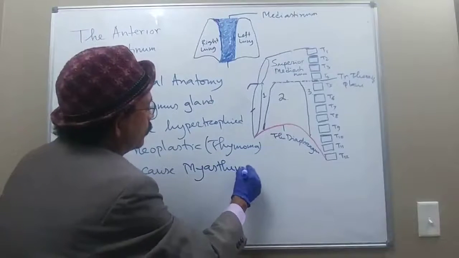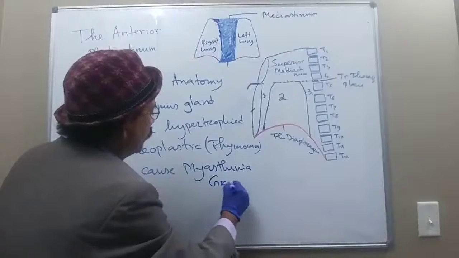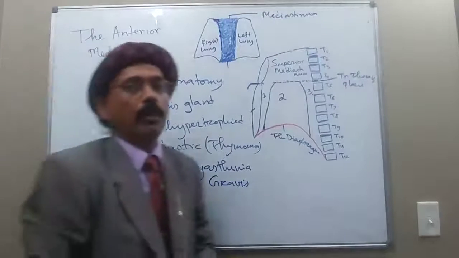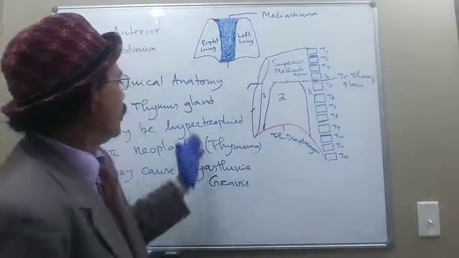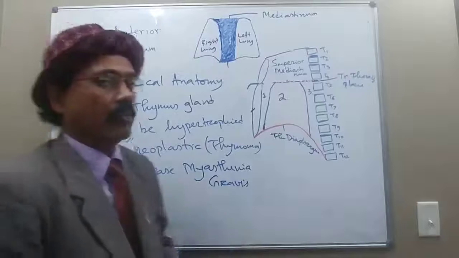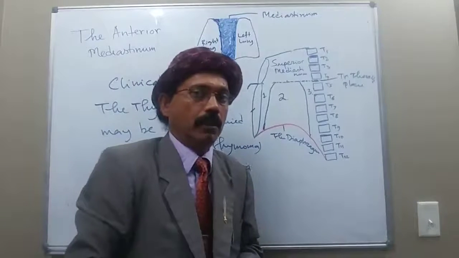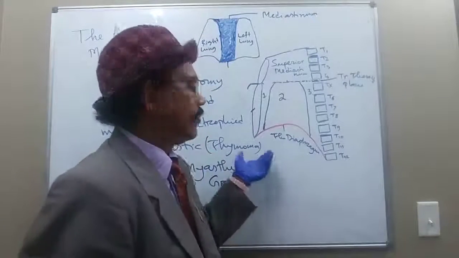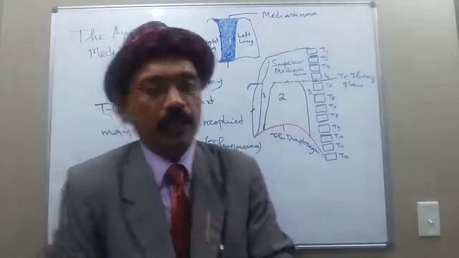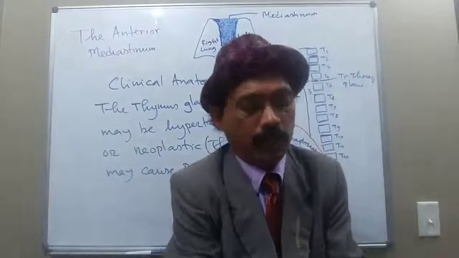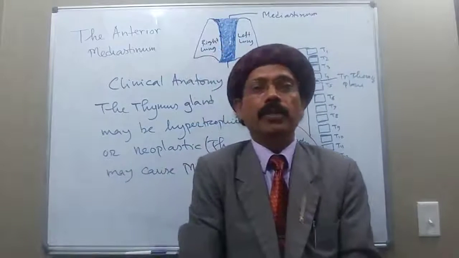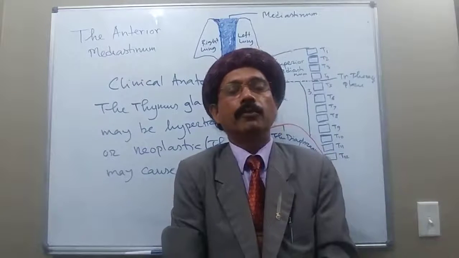So we got the clinical importance: one is DiGeorge syndrome, lack of thymus; another is hypertrophy of the thymus or thymoma that may lead to myasthenia gravis. Management is to remove the tumor, thymectomy. That's all about the boundary and contents of the anterior mediastinum and its clinical importance.